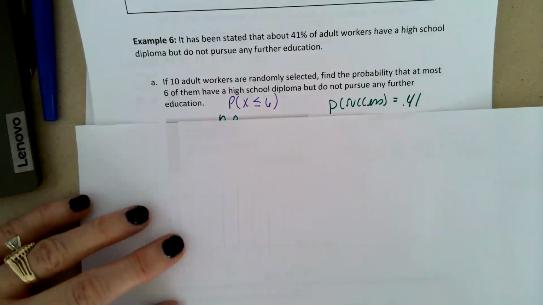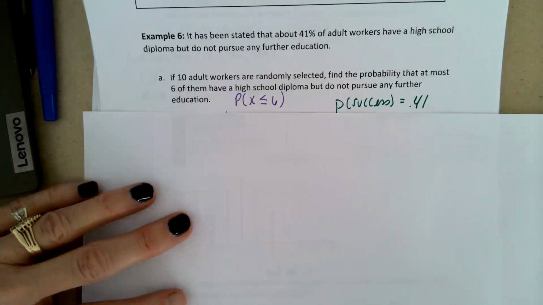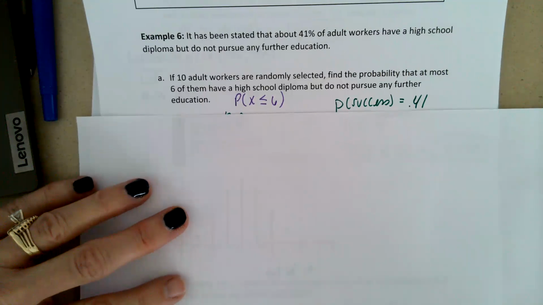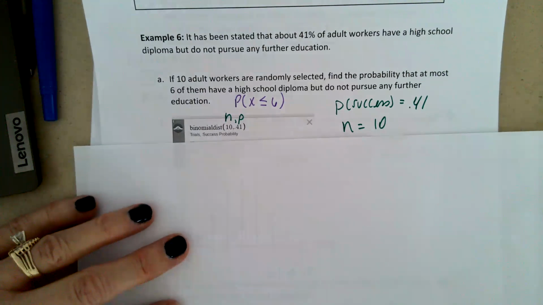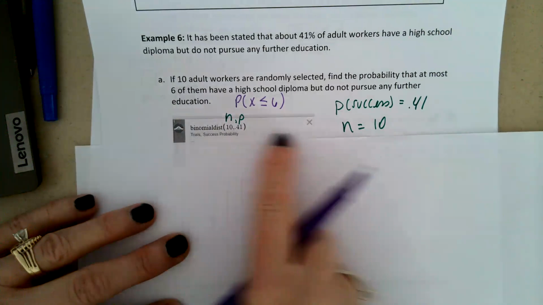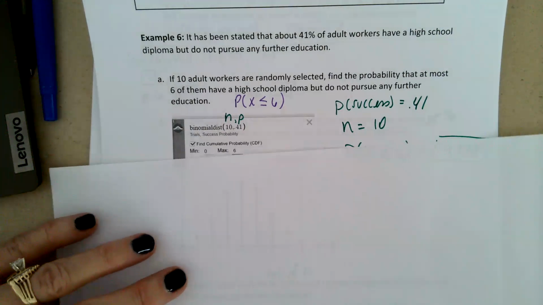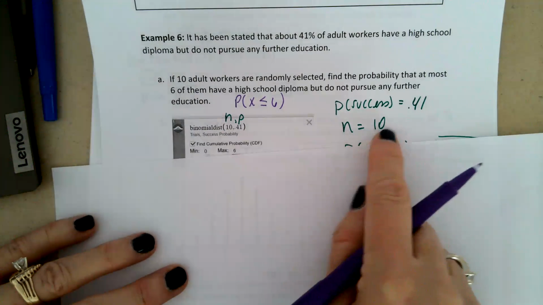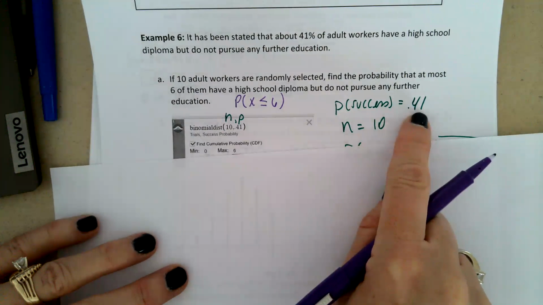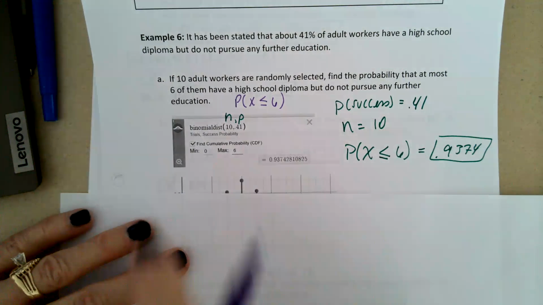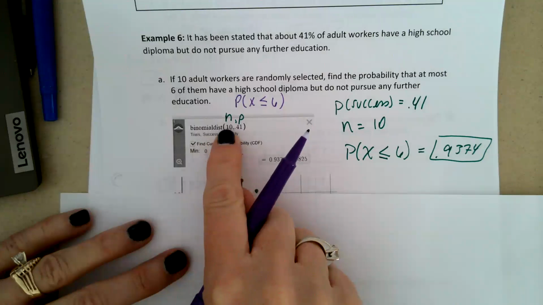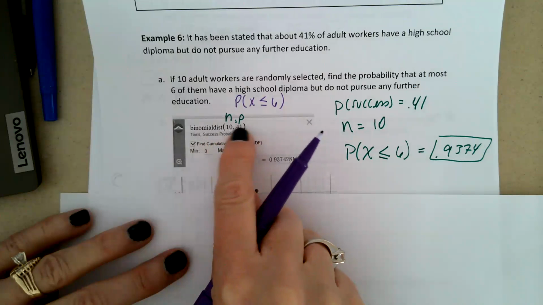So instead of doing the combination out like we had in examples 1 through 5, we're going to use a new command in Desmos. And that is called the Binomial Dist. So you do need to know your n, which is 10, and your probability of success, which is 0.41. And so you're going to type Binomial Dist, parentheses, 10, comma, 0.41, n, comma, p.